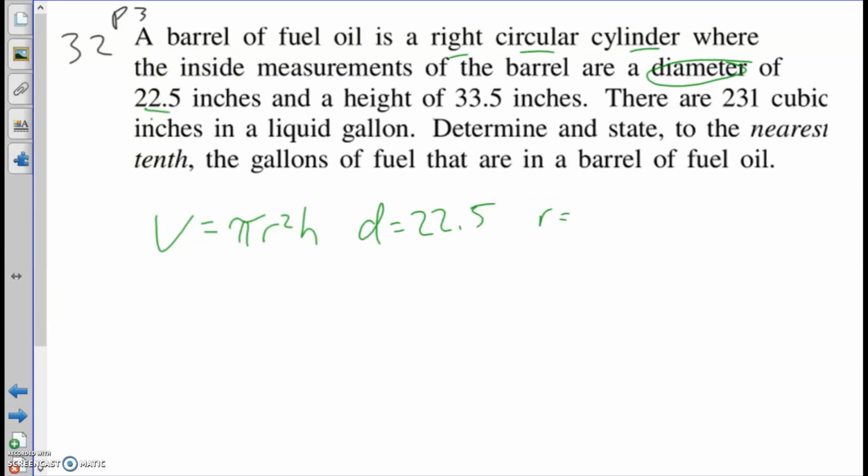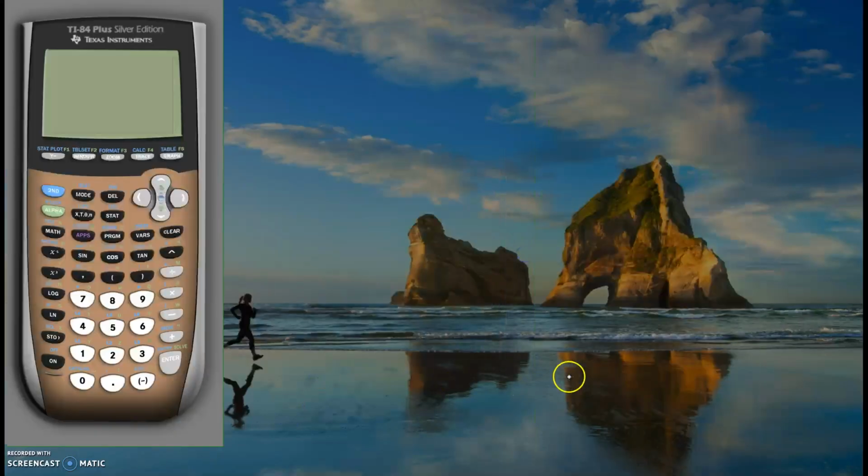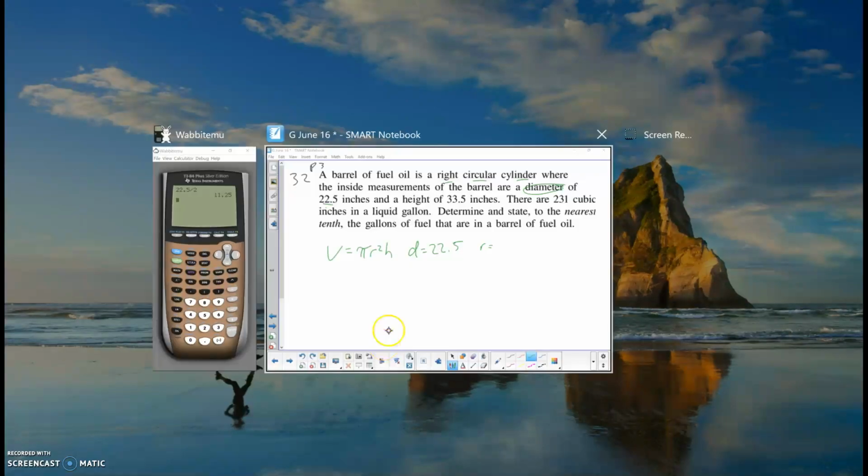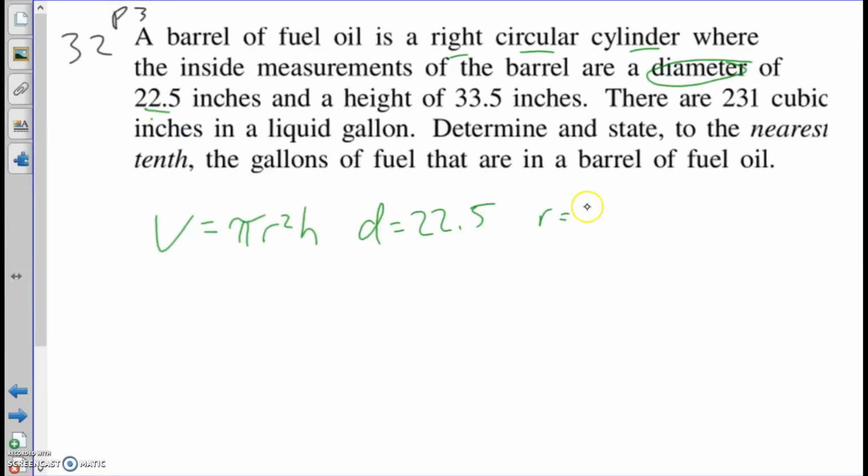Cut 22.5 in half. So turn on my calculator. I'm definitely going to need it for these volume questions. 22.5 divided by 2 gives me a radius of 11.25. And the height is 33.5.